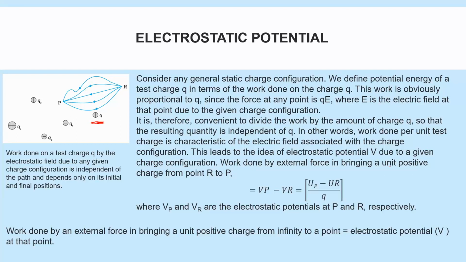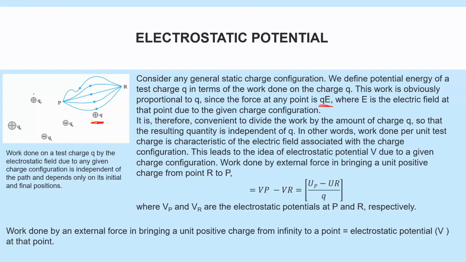So force at any point is going to be equal to the charge multiplied by the electric field. This was the starting of the Coulomb's law that we had seen in the previous classes. So E is the electric field at that point due to the given charge configuration.